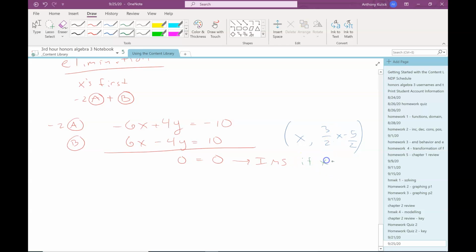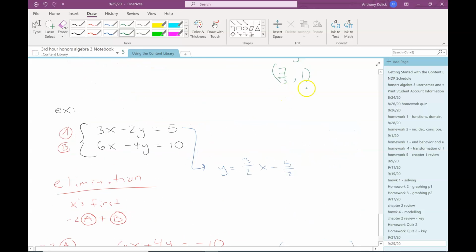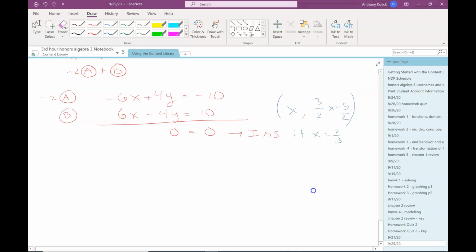Just notice that this is still the same answer that we gave before. So let's say x is 7/3, because we know from before that 7/3, 1 is a solution on this line. So if I pick x to be 7/3, y should come out to be 1, right? So that becomes 7/2 minus 5/2, which is equal to 1.